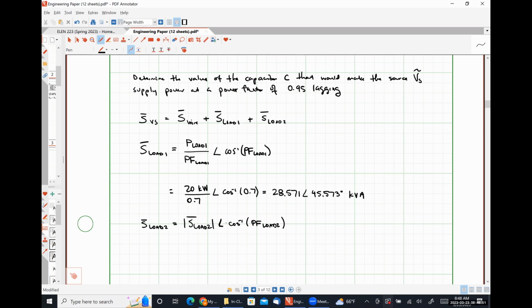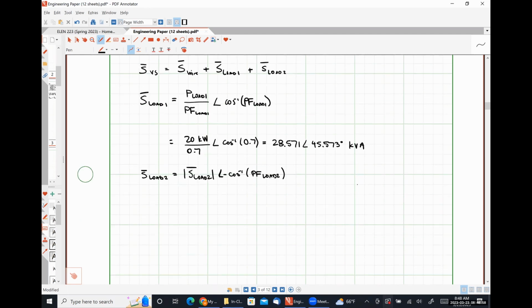And because the power factor of load 2 was leading, I'm going to put a negative sign out front to remind me that my angle is supposed to come back as a negative quantity. So this is going to look like 12 kVA angle negative inverse cosine of 0.9.